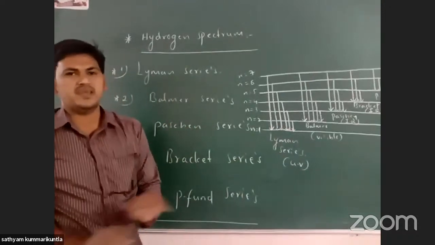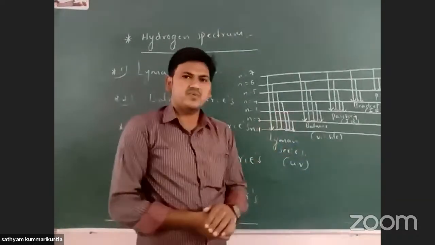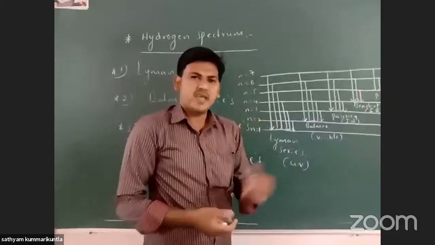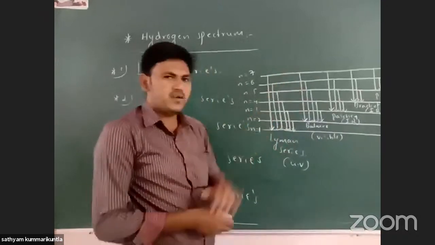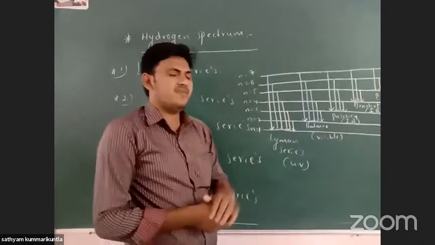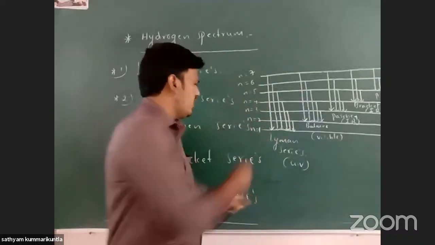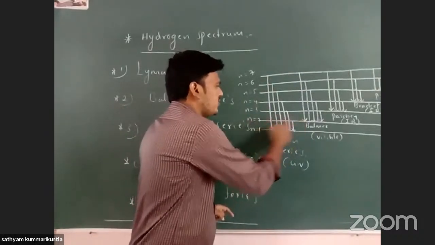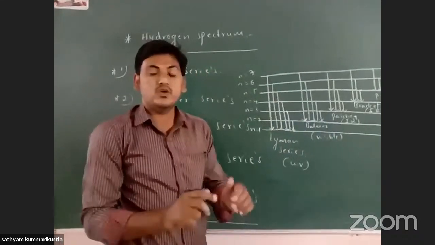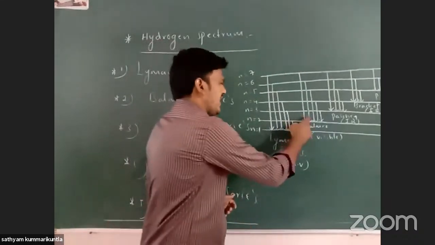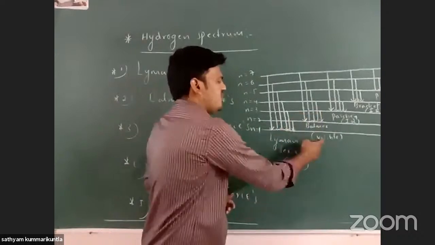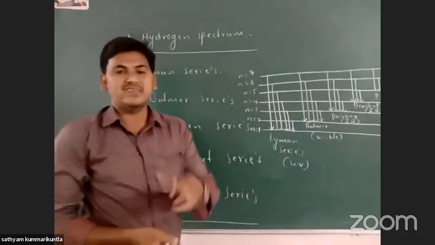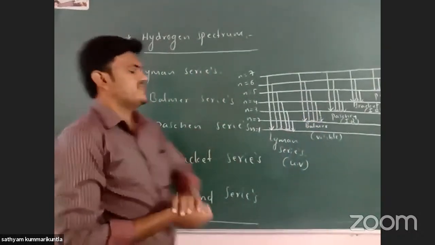Second one, Balmer series. What is meant by Balmer series? Same, the transition of an electron from any higher orbit level to n equals 2 produces spectral lines in the visible region, which is called Balmer series.